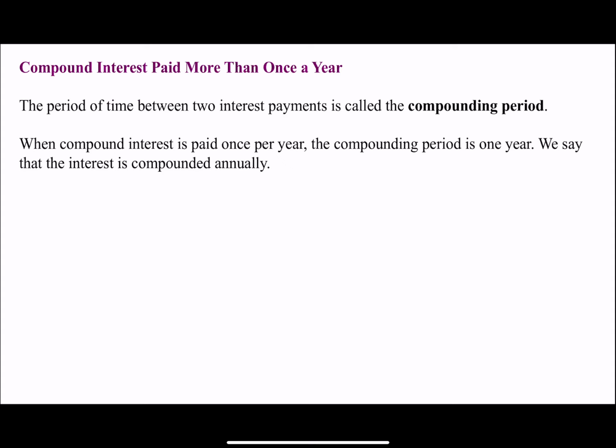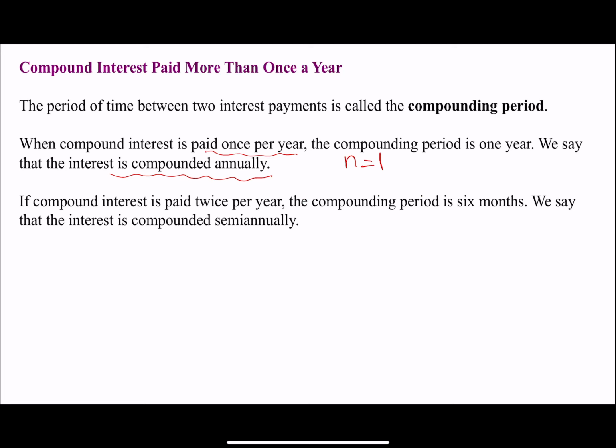When they calculate your interest once a year, we call that compounded annually. It means that n is equal to 1. If they calculate your interest twice a year, we call that compounded semi-annually.